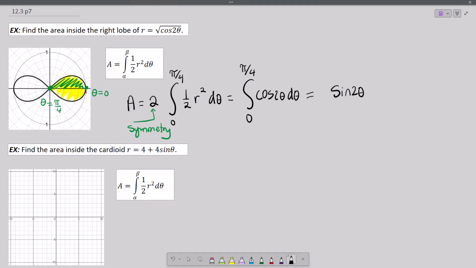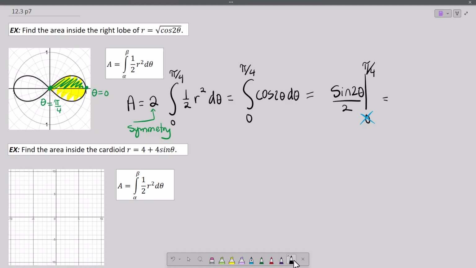That's sine of 2 theta over 2, from 0 to pi over 4. Plugging in 0 gives us nothing, because sine of 0 is 0. So we just have to plug in pi over 4. Plugging in pi over 4 gives sine of pi over 2. Sine of pi over 2 is 1.